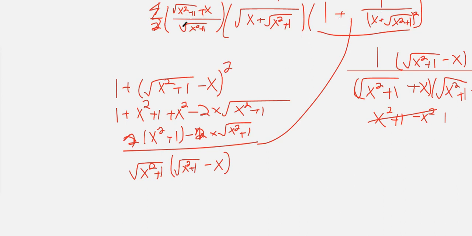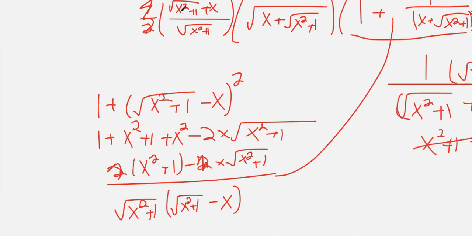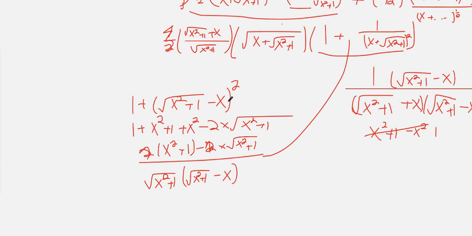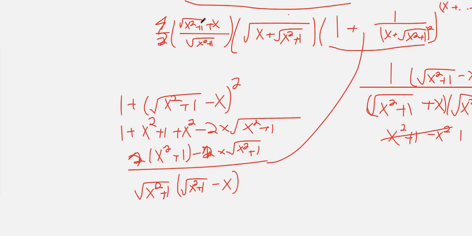Now notice that in this term, where we have x squared plus 1 plus x divided by the square root of x squared plus 1, I'll write that here. So we're multiplying by the square root of x squared plus 1 plus x, all divided by the square root of x squared plus 1.